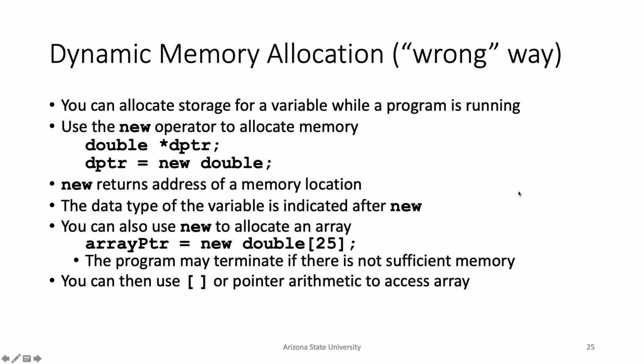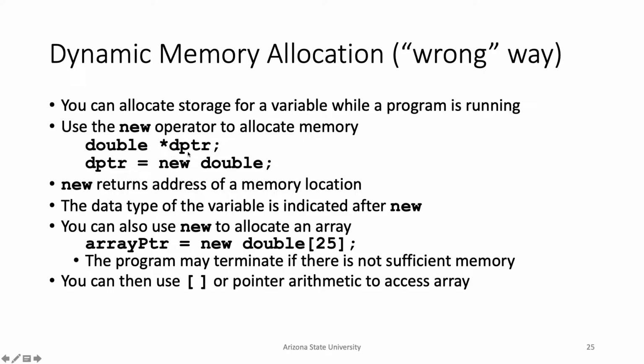So basically the rest of the pointer slides are about dynamic memory allocation, which is heap allocation. The way we do dynamic memory allocation is to use this new operator. So I just want to warn you about this. Please don't use new if you can. And we'll see ways of how to avoid it.